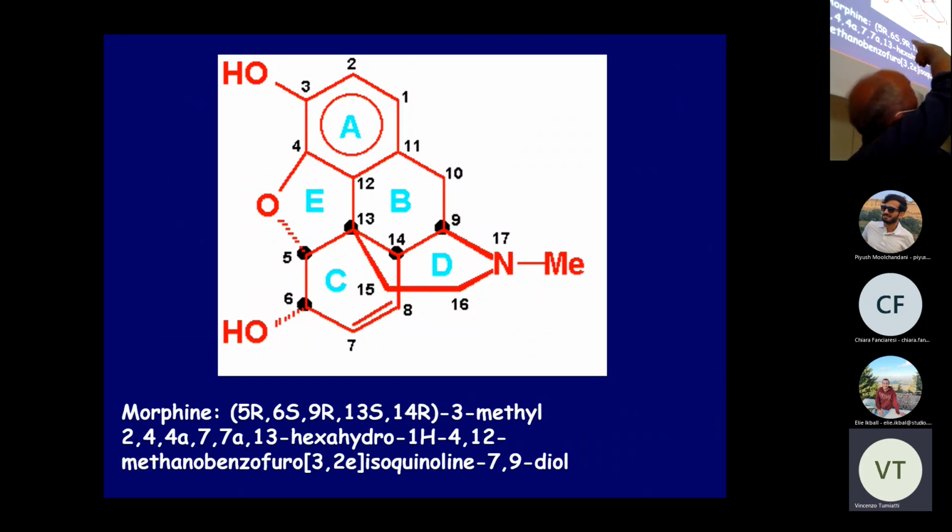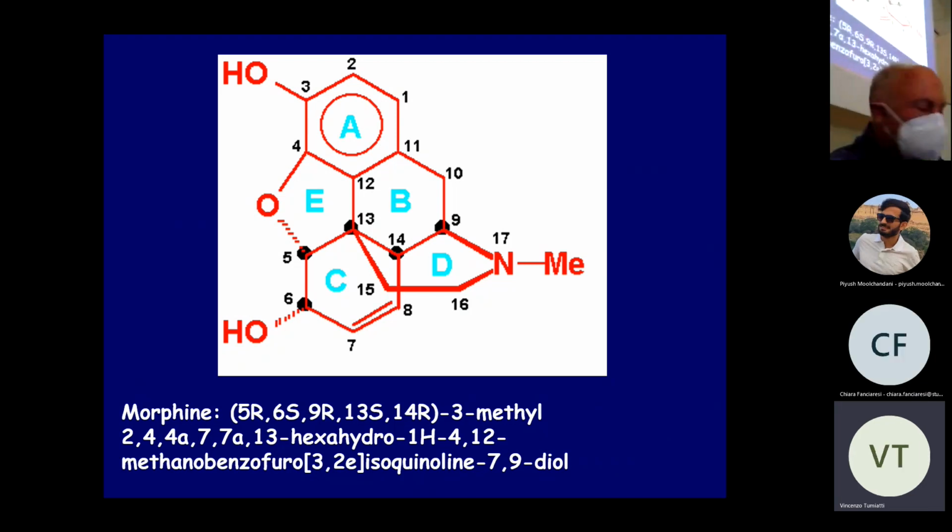You see the chemical structure on the blackboard, and then you see the model. Ring A, aromatic.